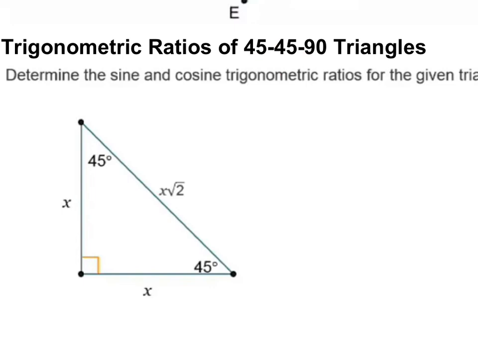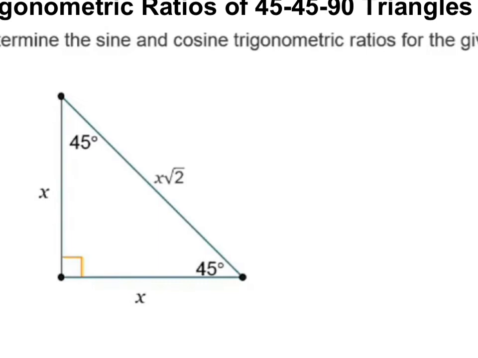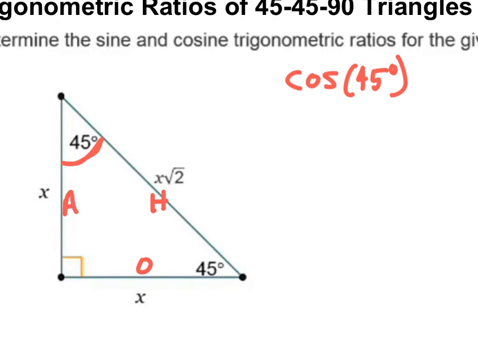Let me do cosine of 45 degrees, and I'll use this angle here. It doesn't matter, I could use the one down here at the same angle. Let's write out our hypotenuse. This is my opposite side, and this is my adjacent side, given this 45-degree angle.